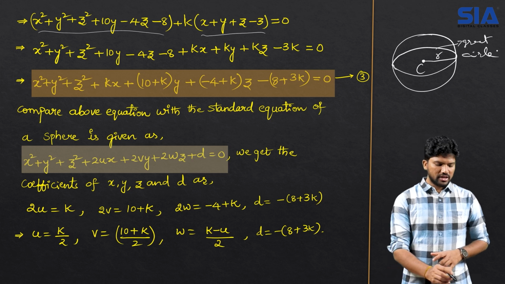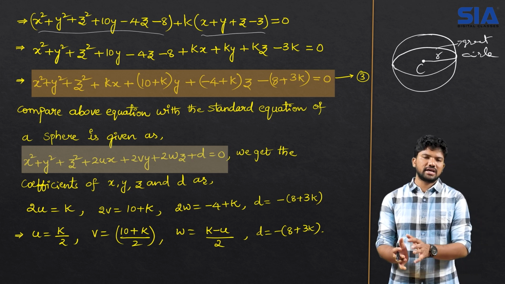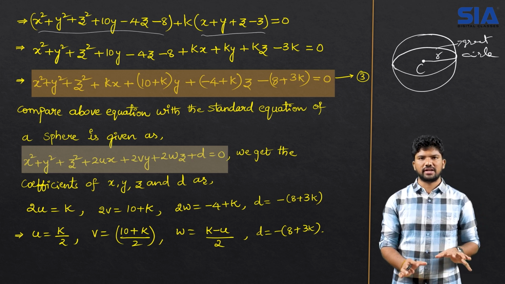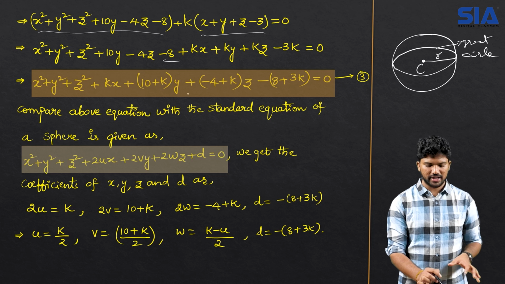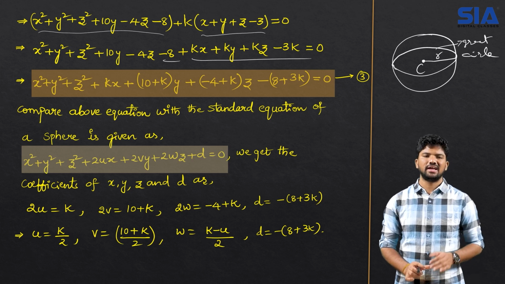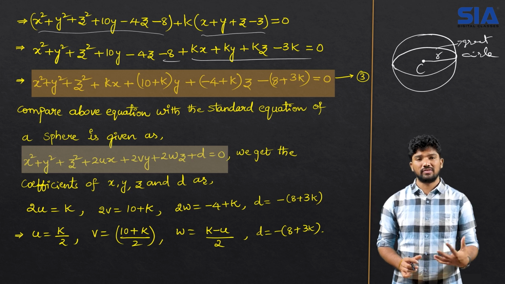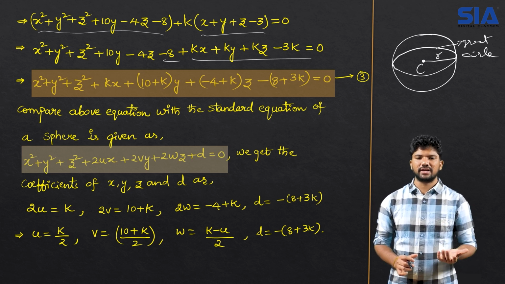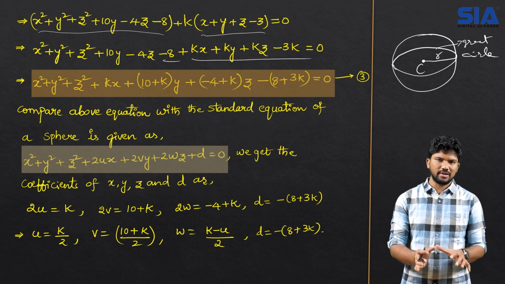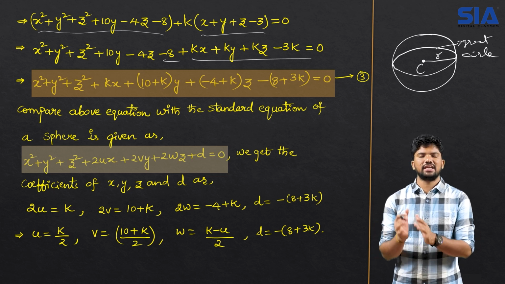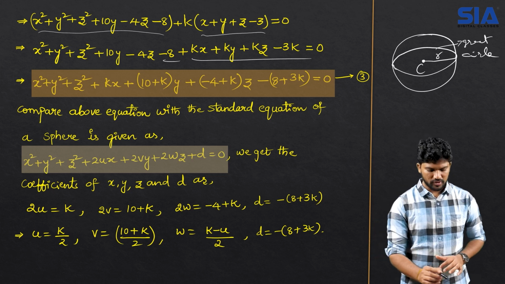So now multiply k with the great circle value. x square plus y square plus z square plus 10y minus 4z minus 8, up to here I am writing as it is. If you multiply with k, kx plus ky plus kz minus 3k is equal to 0. What is k? k is any parameter or constant to be determined. Now after multiplying with k, from the xyz terms take x, y, z common.